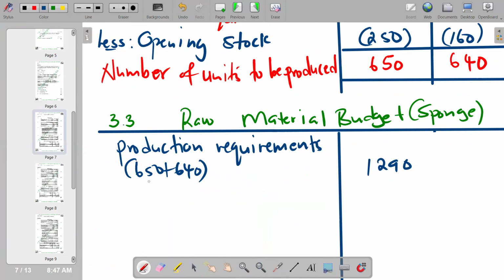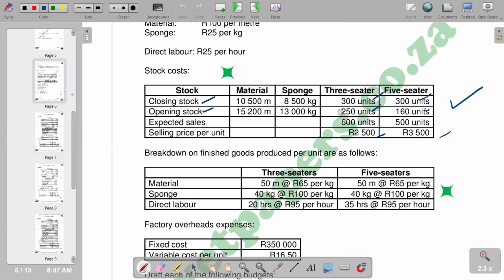Then from there, you put the material needed per unit, which we are going to get in the question. Now we check according to what we have.